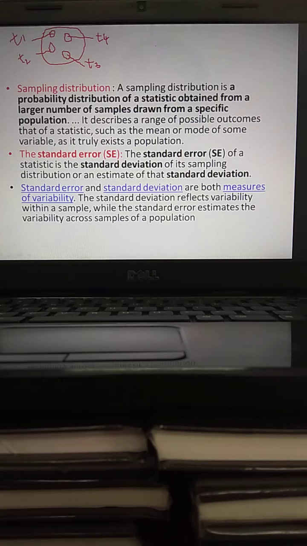So as an analyst, your prime duty is to see that the variation is less. The standard error explains the variability amongst the samples, but the standard deviation explains the variability within the sample only. Whatever variation is within T2 is its standard deviation, and within T4 is its standard deviation.